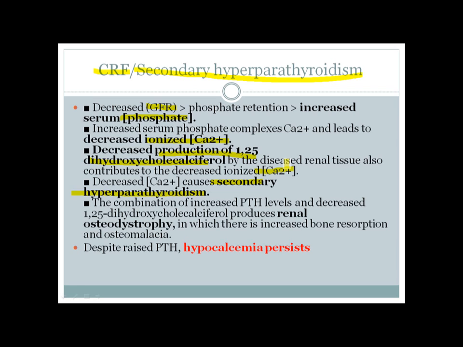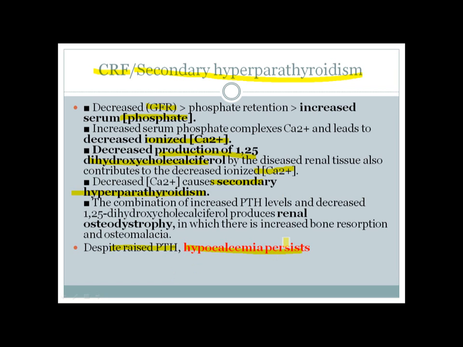And this hypocalcemia leads to increased secretion of parathyroid hormone from the parathyroid gland. But though there is increased secretion of parathyroid hormone, this increased secretion cannot actually raise the calcium level up to normal level. So despite raised parathyroid hormone, hypocalcemia persists.